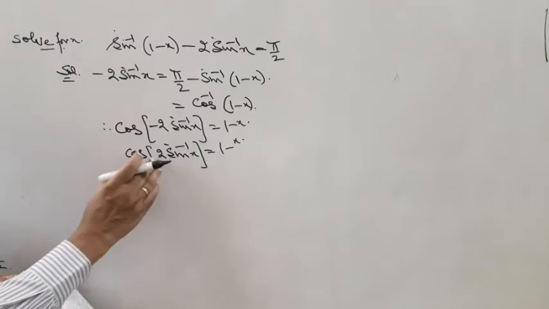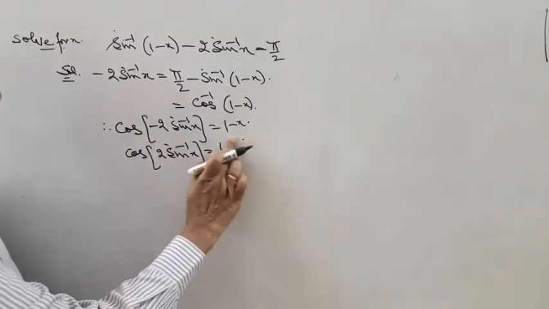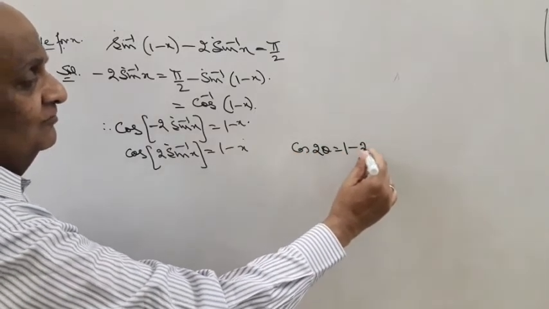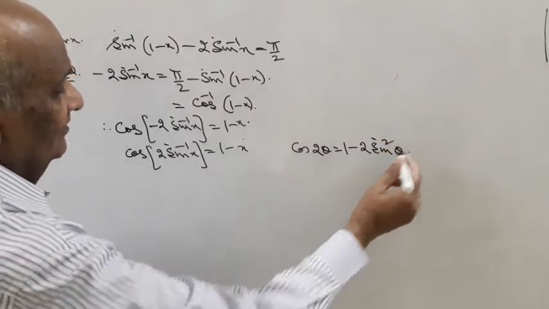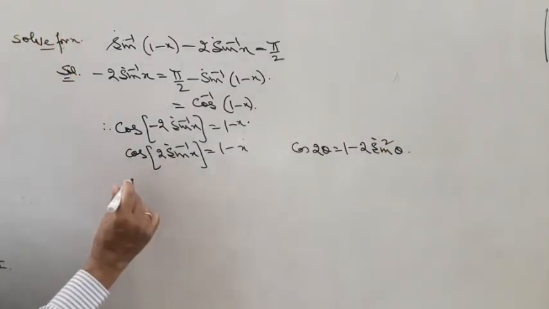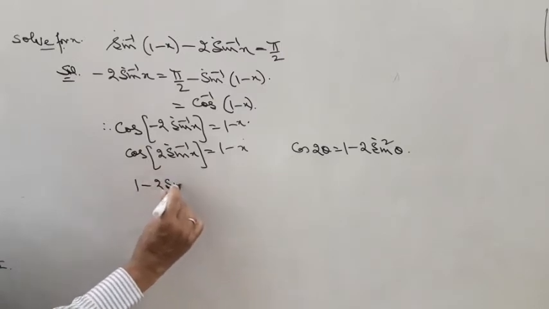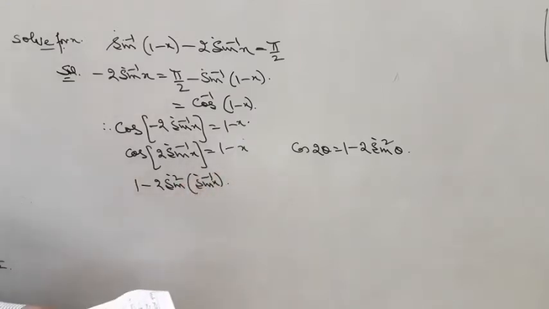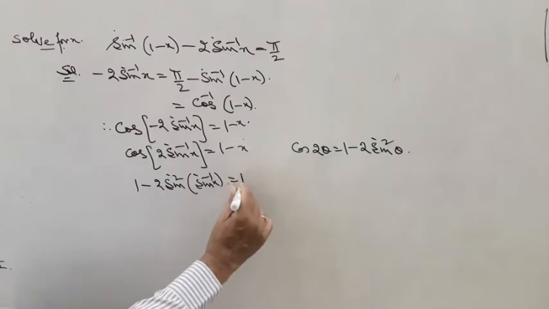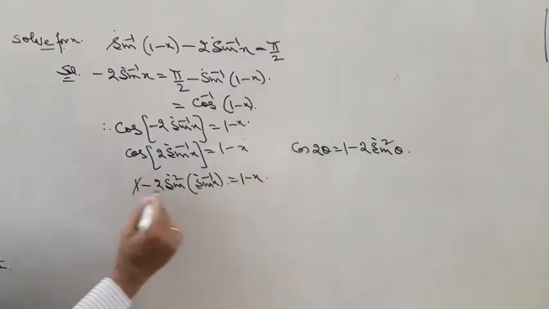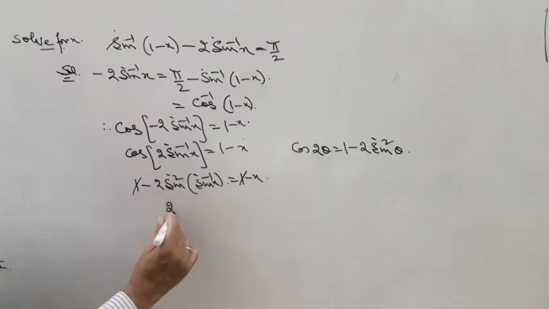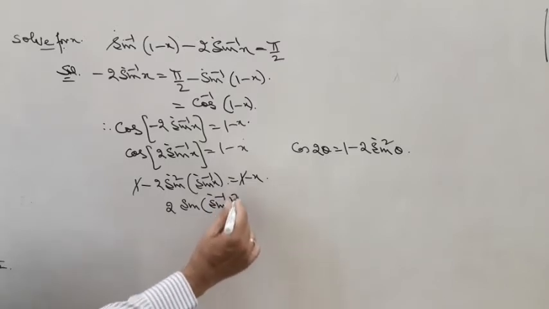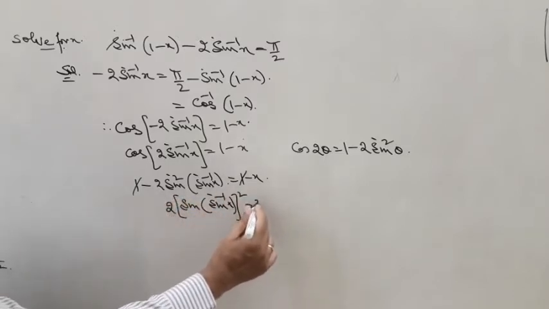See, it is cos 2 theta. From the basic trigonometry, we have cos 2 theta is 1 minus 2 sine square theta. So here you can apply: cos 2 theta is 1 minus 2 sine square of sine inverse x, which is equal to 1 minus x. Or this 1 will go, minus will go, it is 2 sine of sine inverse of x, the whole square, is equal to x.